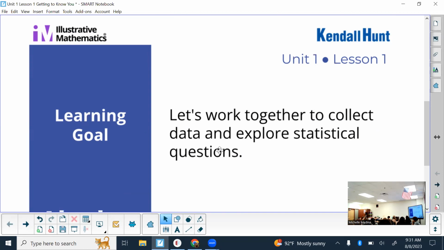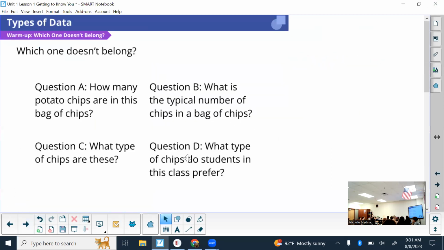How you know that you're successful in doing that is if you can do the learning targets. So tell statistical questions from non-statistical questions and tell the difference between numerical and categorical data by the end of the lesson. To warm us up, this was the activity.